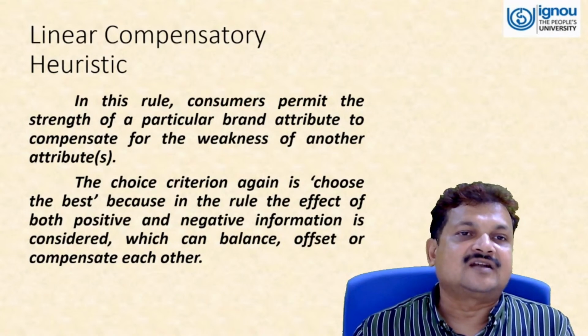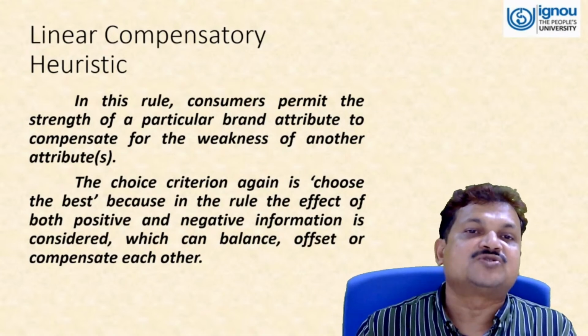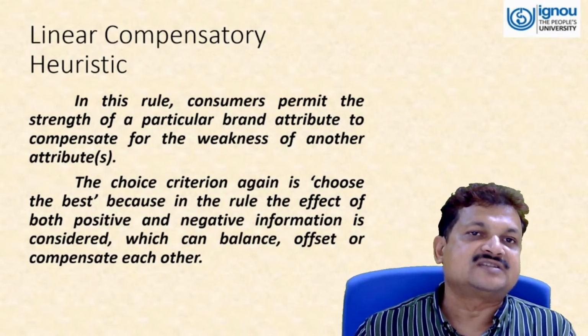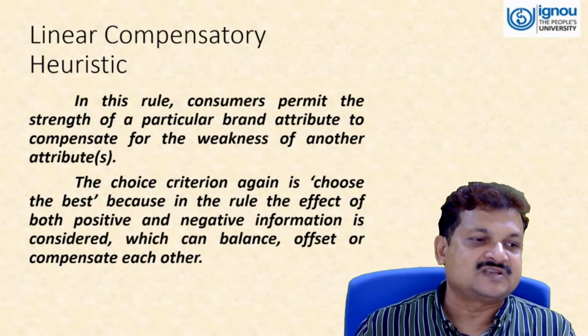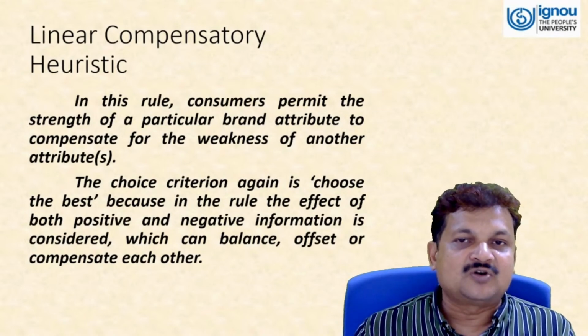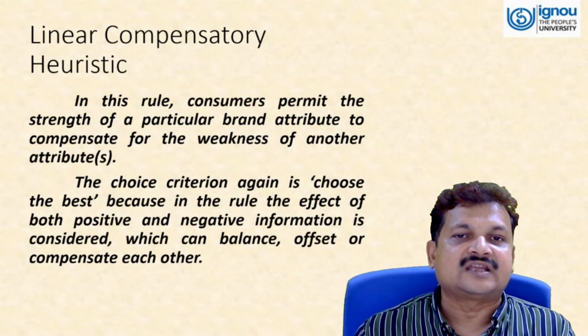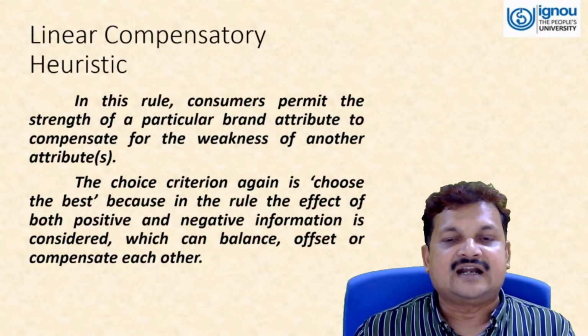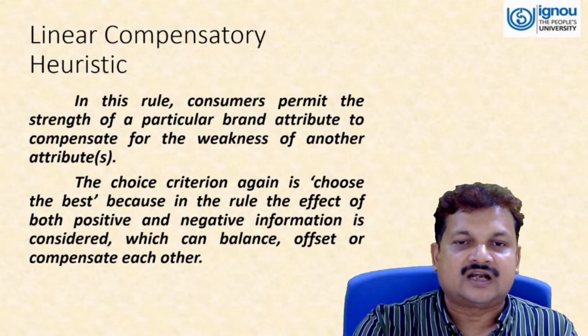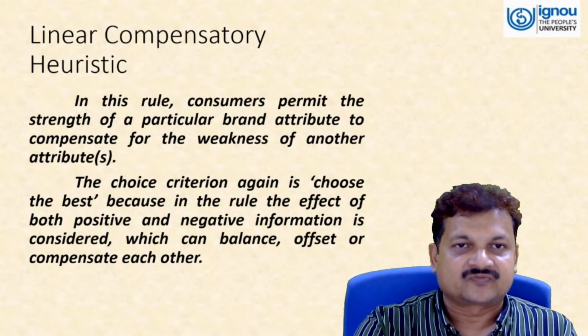I can neglect the laptop look, I can neglect the TV look if all other attributes are good. That is what we call linear compensatory heuristics. It means the attributes you think are weak, you are not going to consider, and you are considering only the best ones.